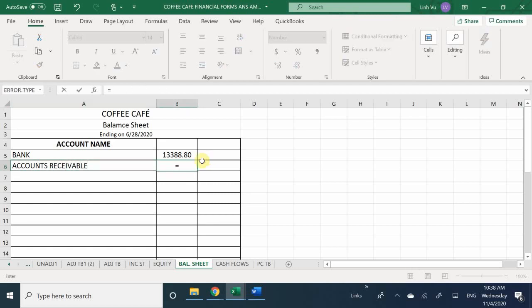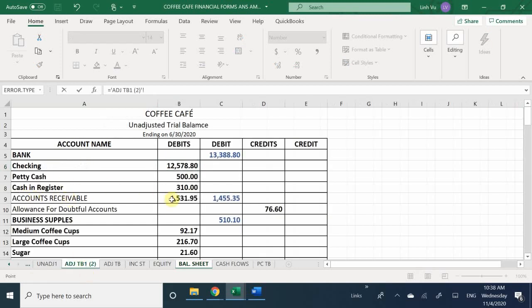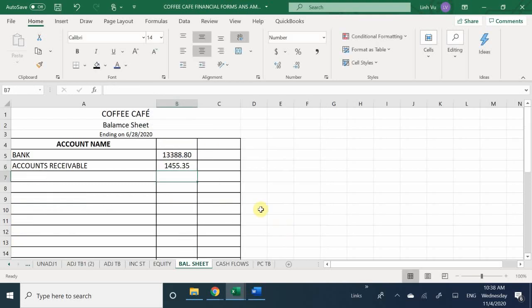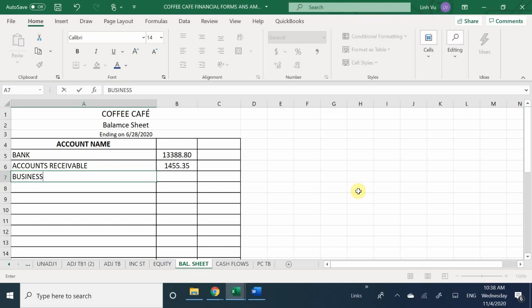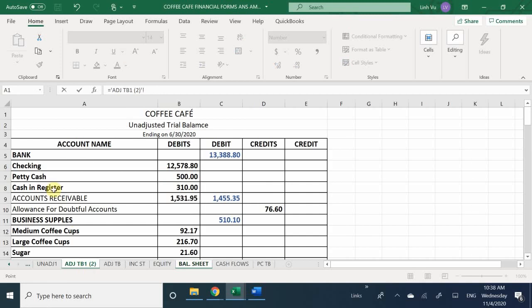All right, and that should be for my accounts receivable. Mm-hmm. All right, that includes the allowance for doubtful accounts. All right. Next, I should have my business supplies, for 510. Good.